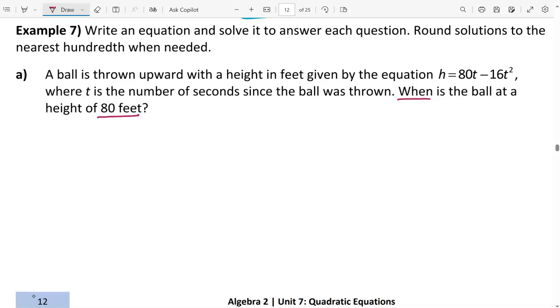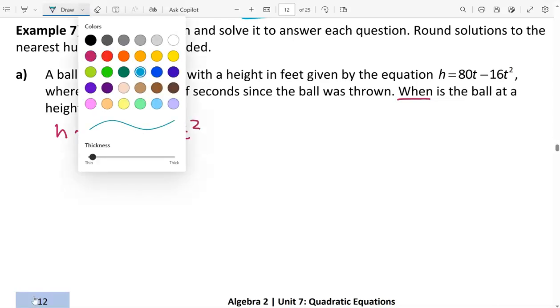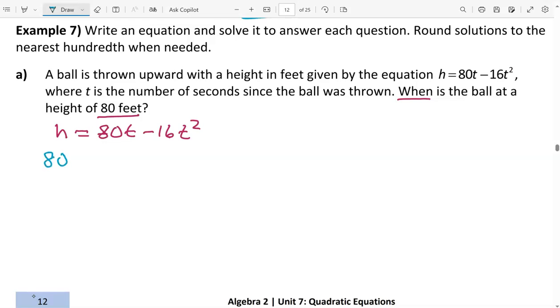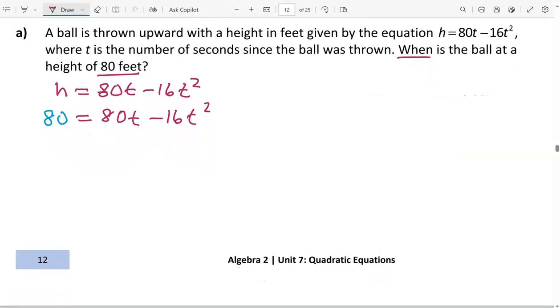So that means that if we use our equation, h is equal to 80t minus 16t squared, the variable h can be replaced with 80 feet to represent the height of 80 feet, and that we can then solve the equation to find the value of t, or time, since the question asked when.